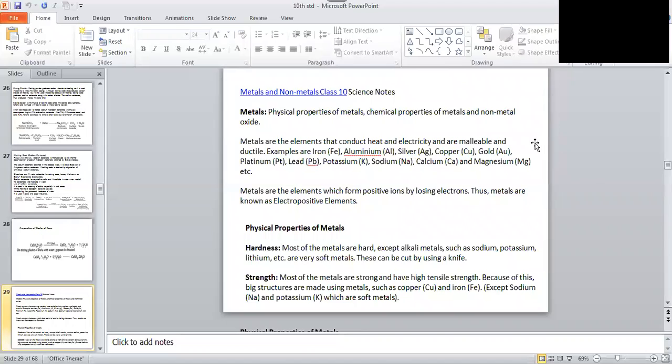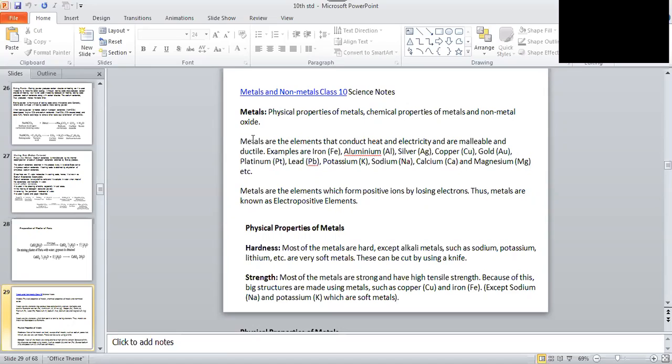So broadly, elements in the periodic table are classified into metals and non-metals. First we will study metals. In this chapter we will study physical and chemical properties of metals and non-metals.